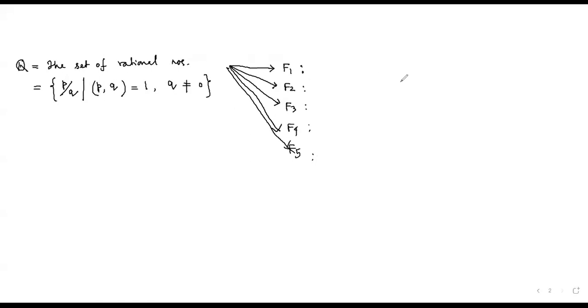Why? Because now 2 has got its inverse 1/2, so that the product is 1. 3 has got its inverse 1/3, so that it is 1. 2/3 has got its inverse, which is 3/2, so that it is 1. 0 we shall not consider because we are only talking about the multiplicative inverse of a non-zero element.